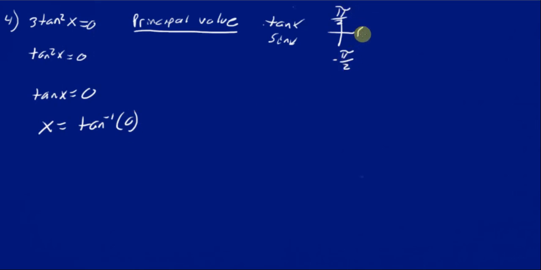Well, right here is 1, 0, and the tangent is y over x, or the sine over the cosine. So it's going to be at 0 degrees. So x is equal to 0 degrees. That is the only answer for the principal values because it's between negative pi over 2 and positive pi over 2.